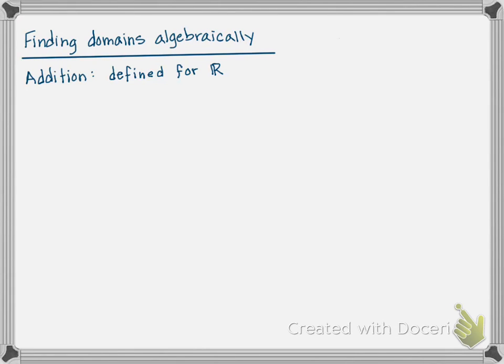Remember that symbol is the set of all real numbers, which means there are no restrictions. So if I see addition in a function, that doesn't cause any restriction on the domain.